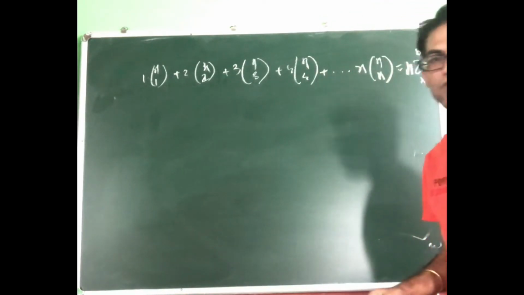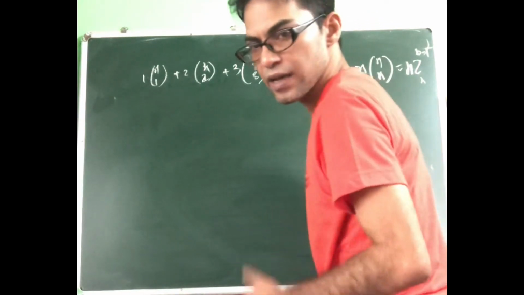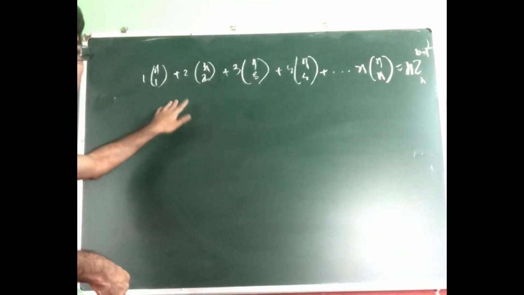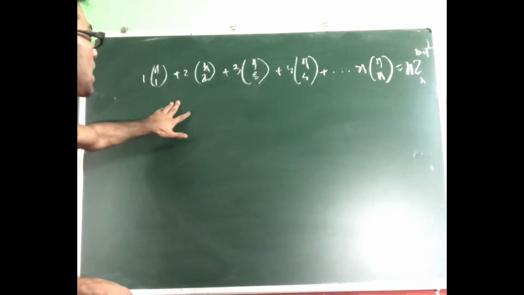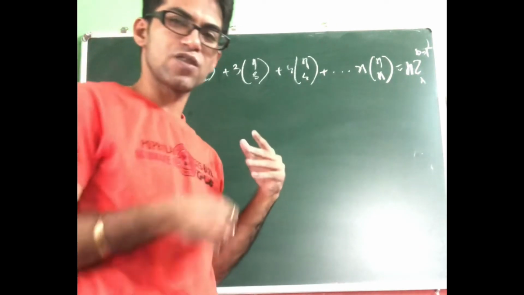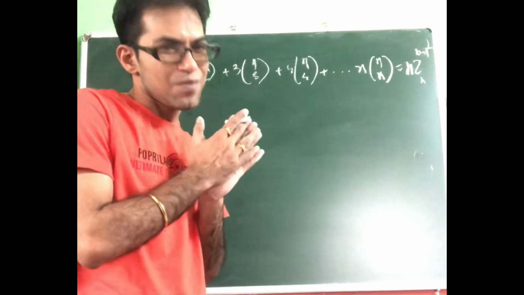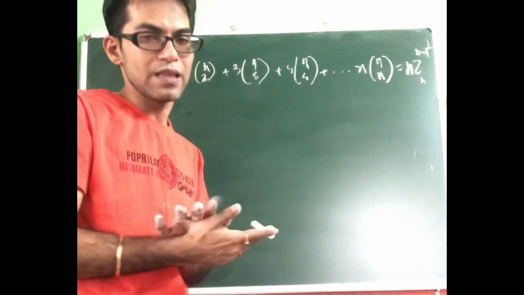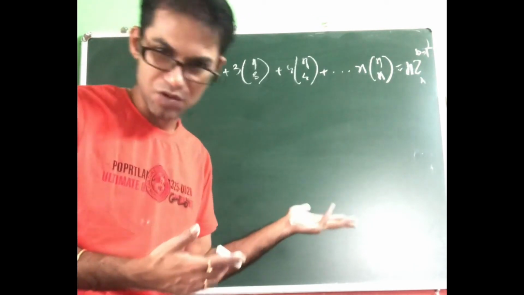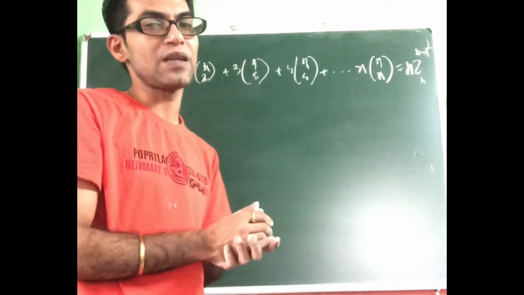We are going to prove this identity using induction. We have got different ways and means to prove this, but because we are dealing with induction, we'll try to solve this using induction, which is a bit lengthy, but we have no choice because right now we are in the topic of mathematical induction.